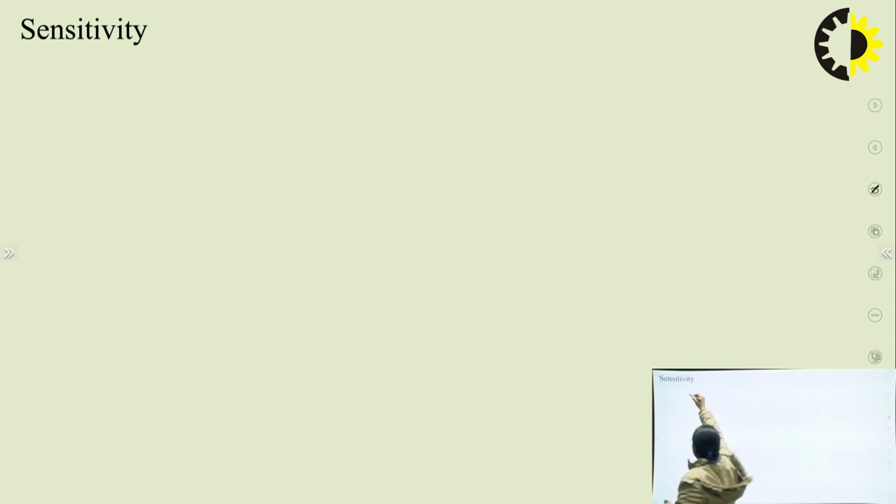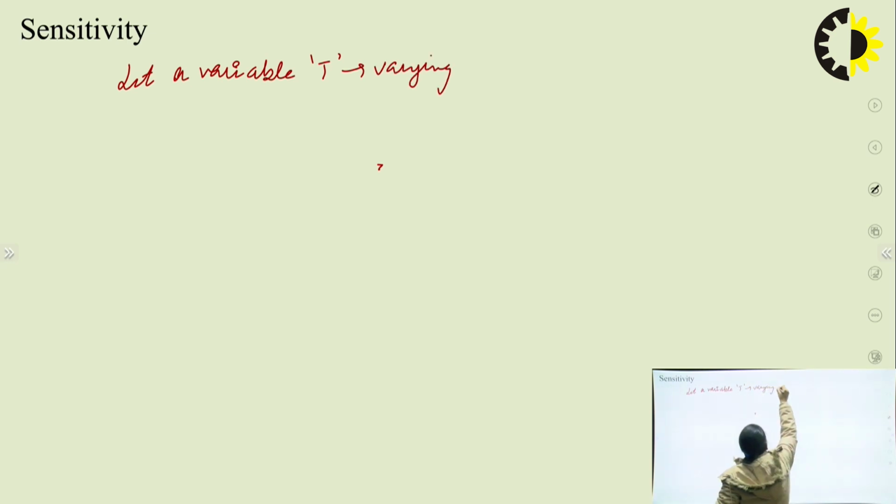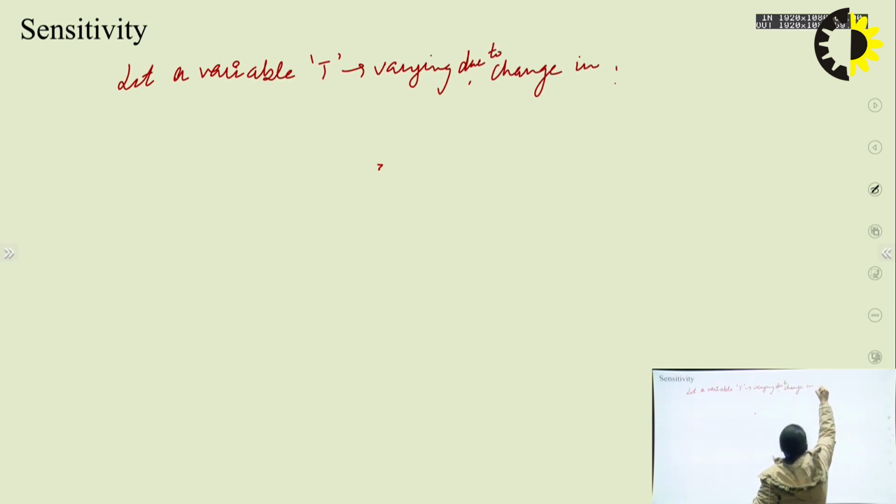Let there be a variable T which is varying due to a change in parameter K of the control system.